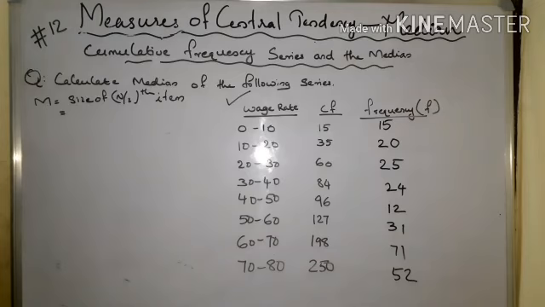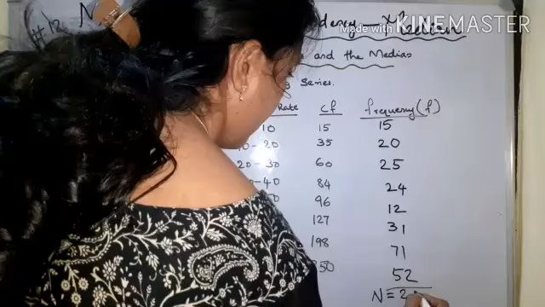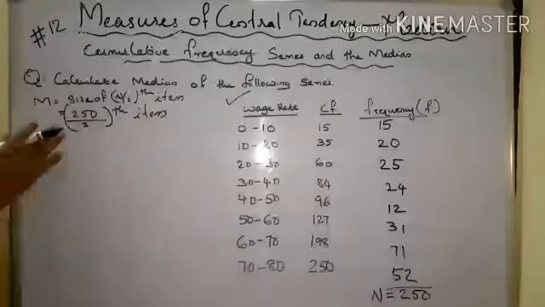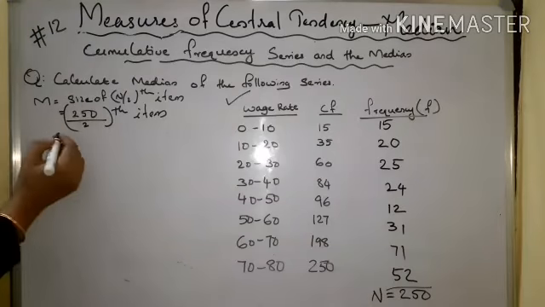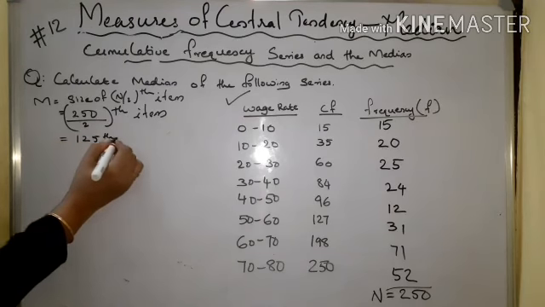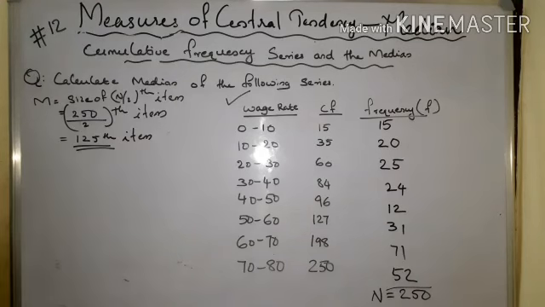So sigma f or n is equal to 250. 250 divided by 2 is the 125th item. The 125th item represents the median class.